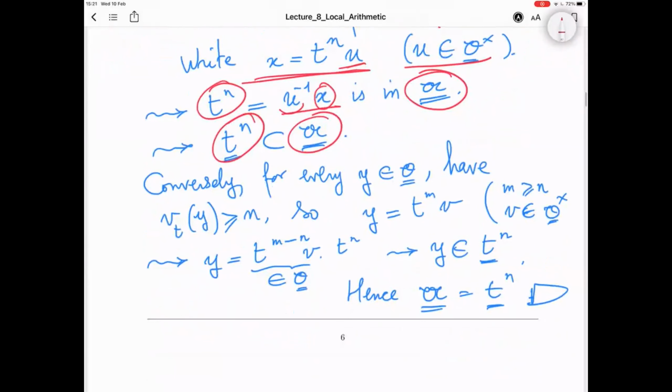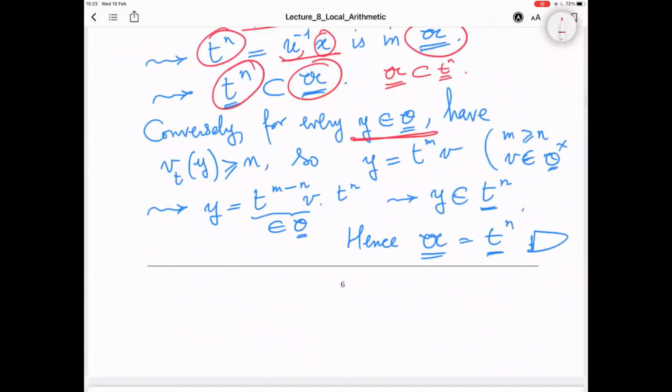Now I want to show conversely that this ideal A is contained in the ideal t to the n. So take some y in the ideal. This is not supposed to be O, this is supposed to be A. Take some y in the ideal A. We have to show that y is a multiple of t to the n.